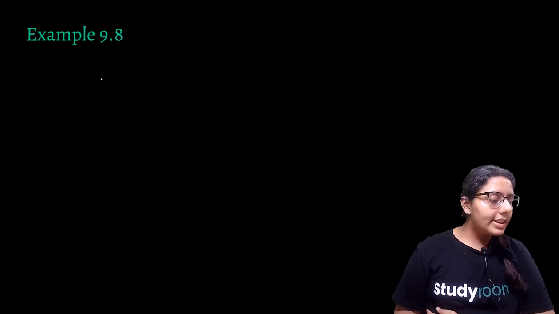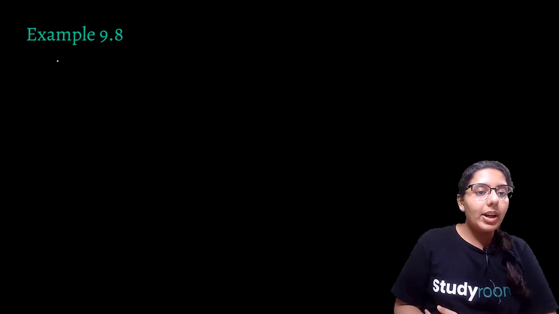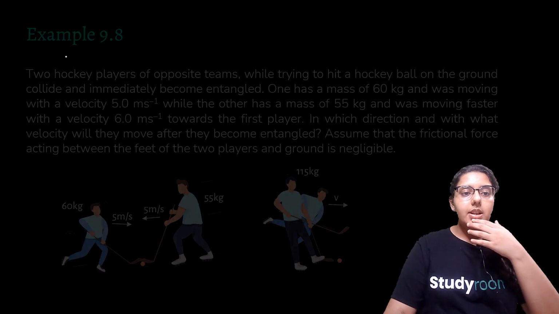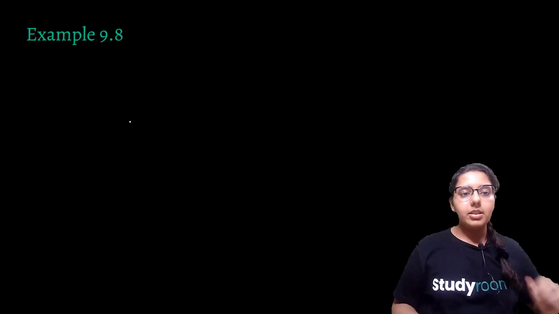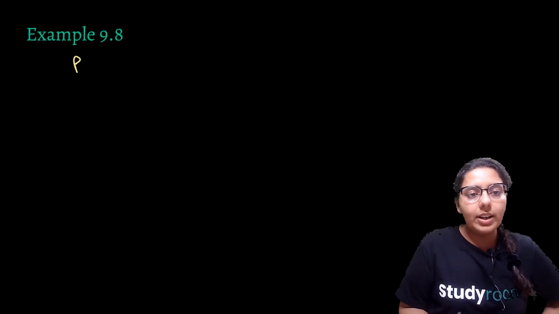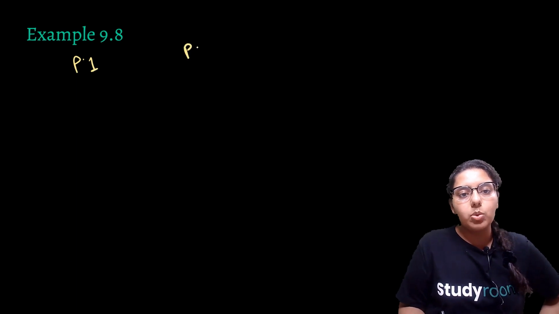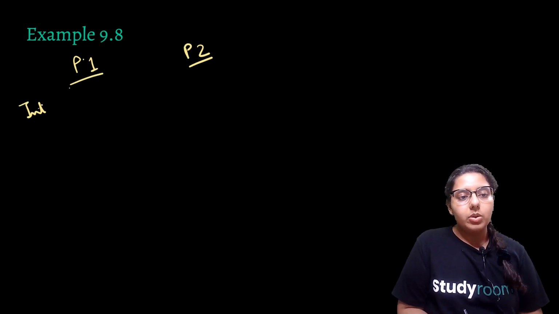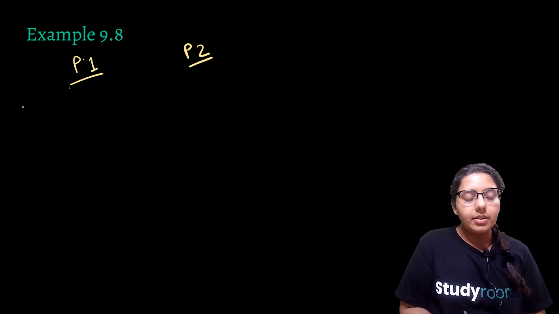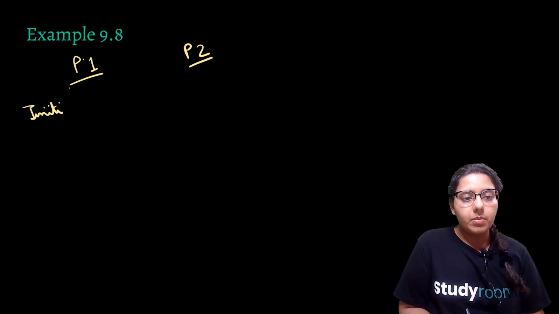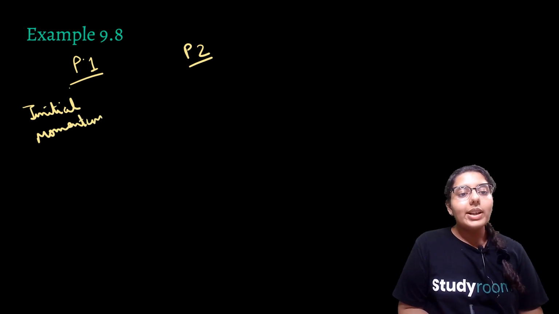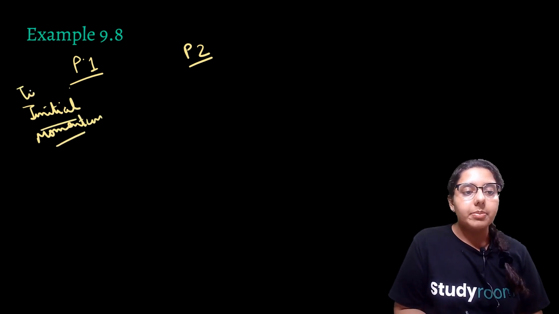So let's name these hockey players as player 1 and player 2, P1 and P2. Let's find their initial momentum first. So what is the total initial momentum?